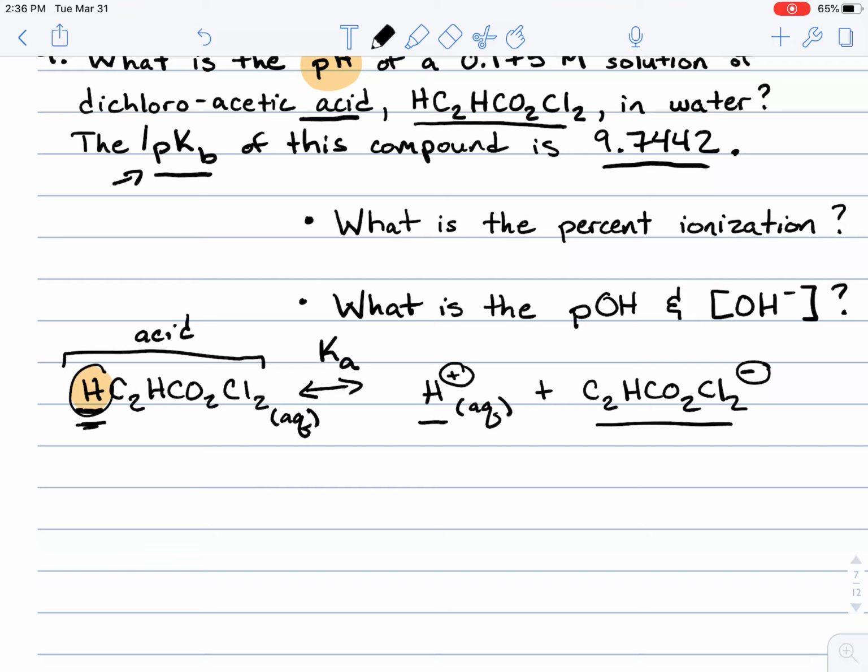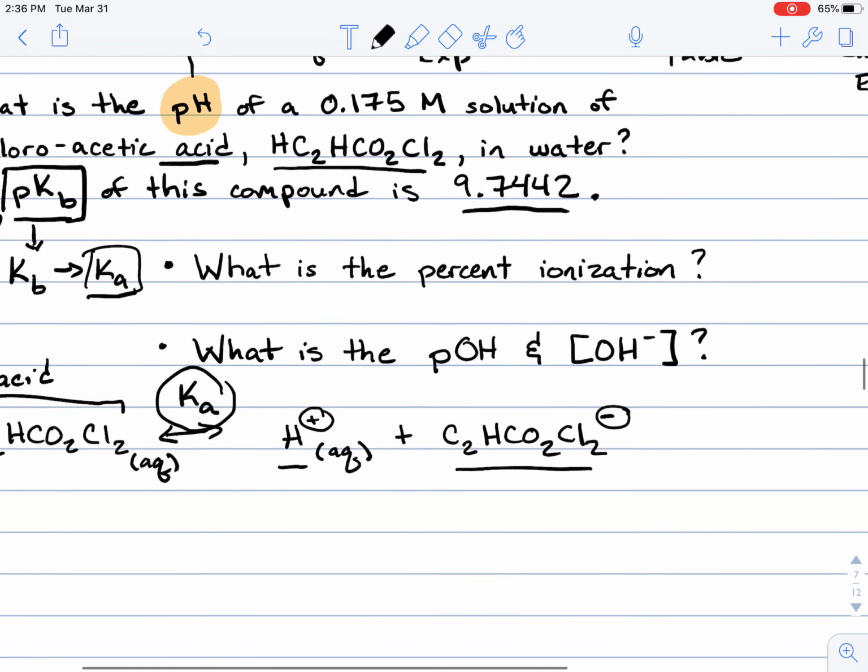Looking at what I gave you in the problem, I gave you pKb. So somehow we have to convert pKb into Kb, and then convert Kb into Ka, so that the equilibrium constant we write in our mass action expression is reflective of the ionization of dichloroacetic acid. All right, so let's determine the value for Ka first before we touch anything else.